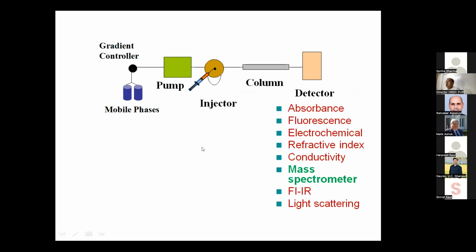So this is an outline of a typical chromatographic system, where here is a mobile phase reservoir which is controlled by some controller, gradient if you want to work with the gradient mode, and then they are fed to the pump, and the pump delivers this mobile phase at a very high pressure through the injector, from where we inject the sample into the column where the separation takes place, and each analyte goes to the detector where it is detected.